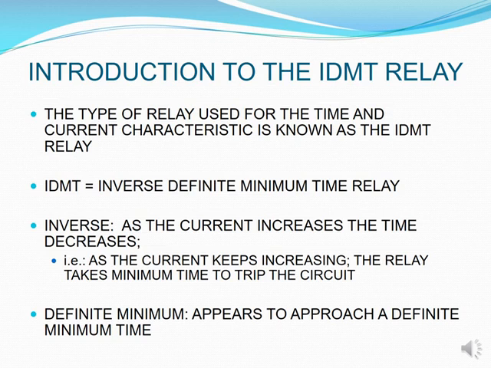So as your current keeps increasing, the relay must take its minimum time in order to trip the circuit. So the higher your current, the less time your relay must take to trip it out. Then you've got your definite minimum. It means that it appears to approach a definite minimum time for it to be able to act.